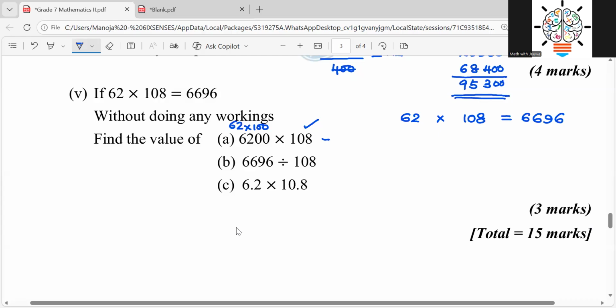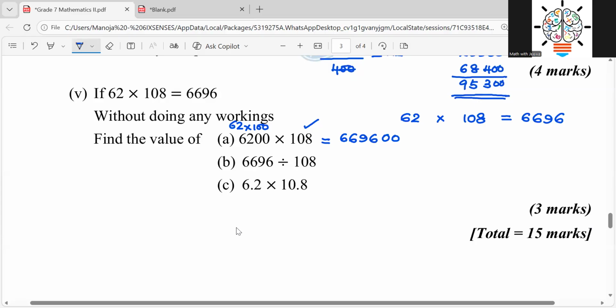108 is not changing. Therefore, to the answer 6,696 we will add 2 zeros, because you multiply by 100.